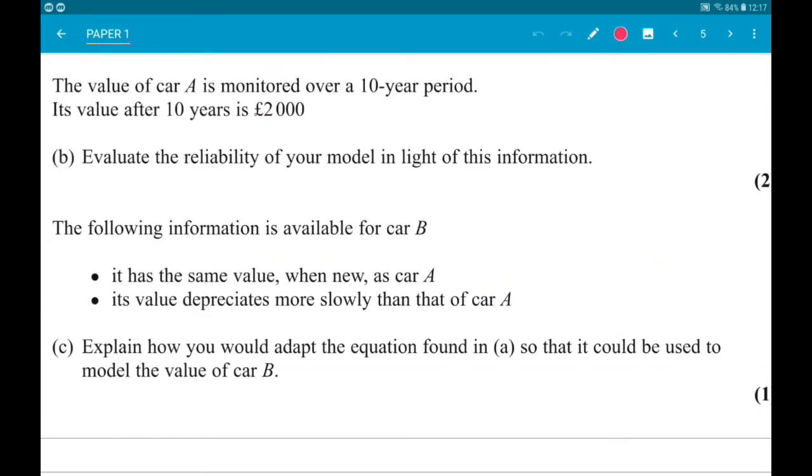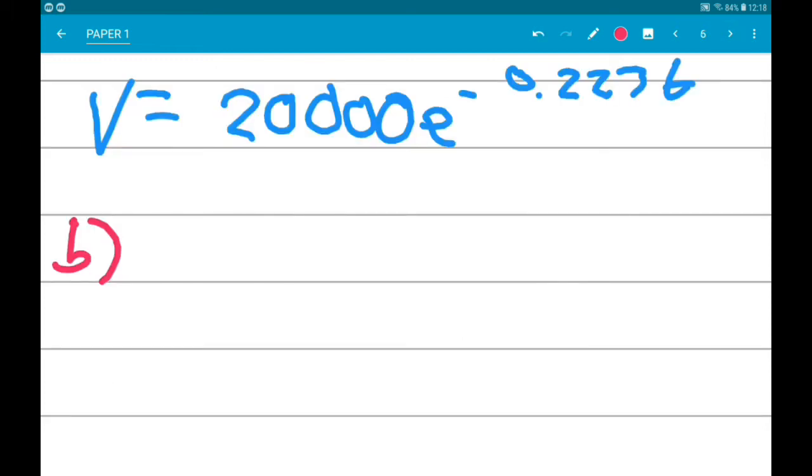Okay, then we're told the value of car A is monitored over a 10-year period. After 10 years, its value is £2,000. Part B. Evaluate the reliability of your model in light of this info. Okay, so whack in t is 10 and see how close we are to 2,000. If we put 10 into the model, we get £2,150.